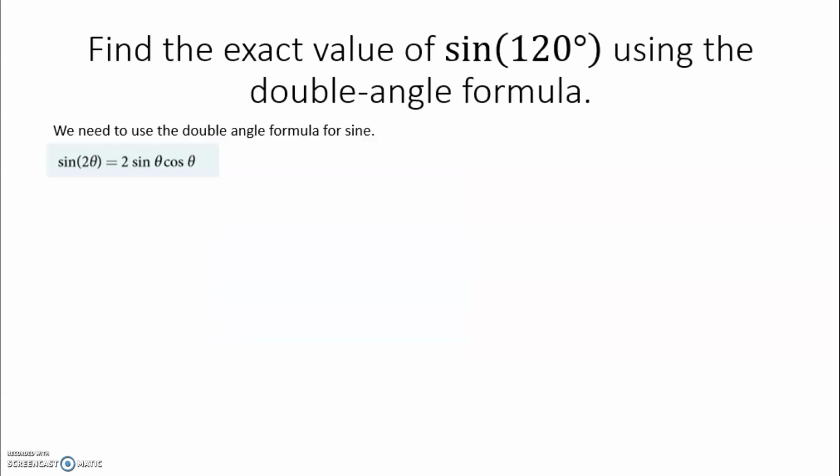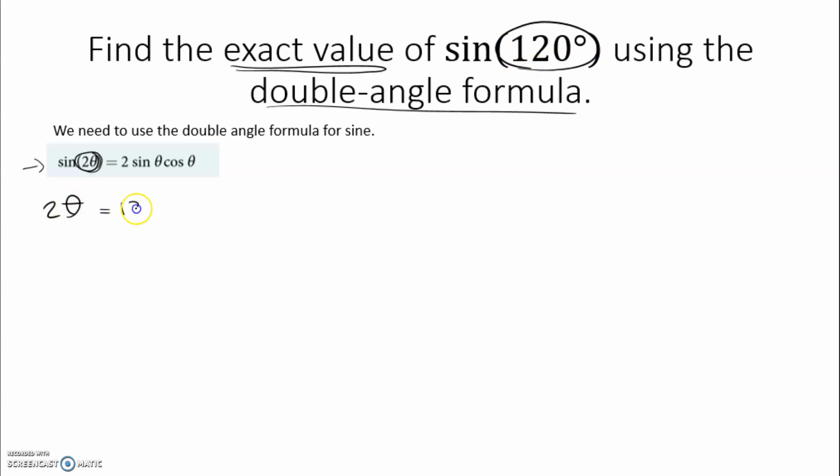Okay, so if we look at finding the exact value, so I need a fraction and not a decimal, of sine of 120 using the double angle formula. Okay, well, here's the double angle formula for sine. So the first thing that we're going to do is figure out what theta should be. So this 2 theta, that's the same thing as this 120.